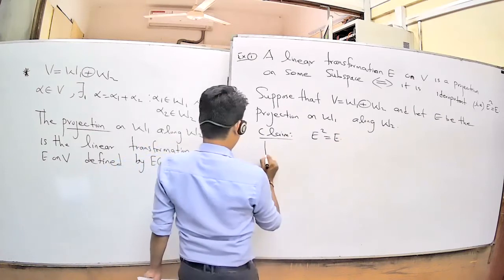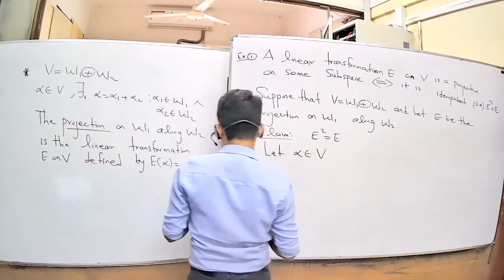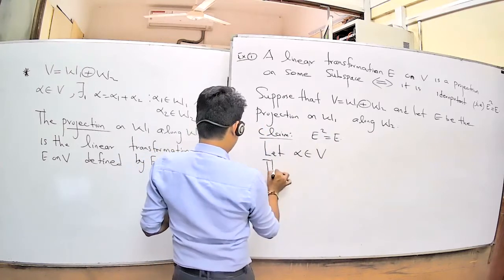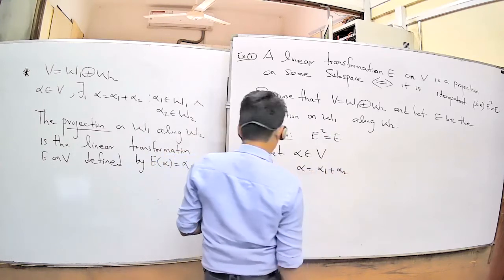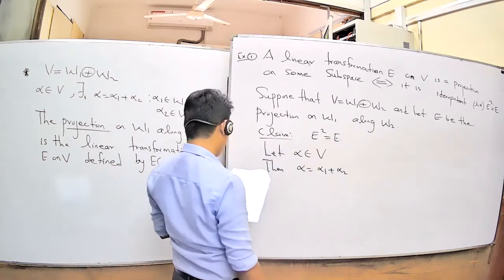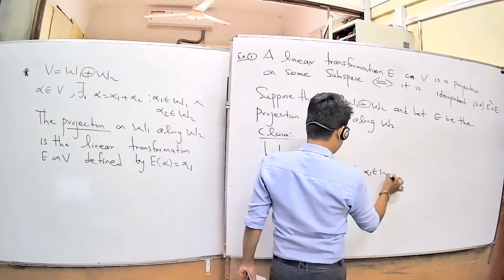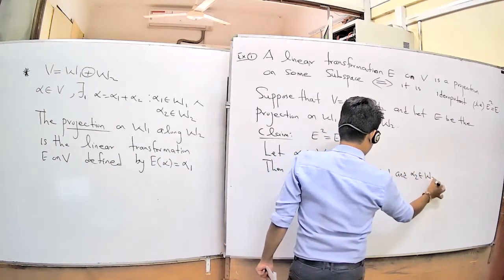First, let alpha belong to B, one of the vectors in B. Then you already know that alpha equals alpha 1 plus alpha 2, because B is the direct sum of W1 and W2, where alpha 1 belongs to W1 and alpha 2 belongs to W2.